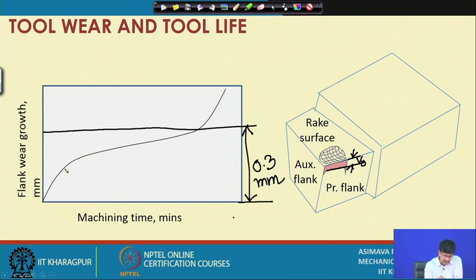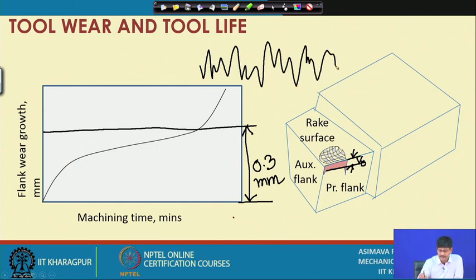What is this particular curve? Let us have a look at it. Flank wear, in the beginning it grows. When wear is setting in, there are lots of ups and downs on the surface. The surface at the microstructural level will show lots of ups and downs.